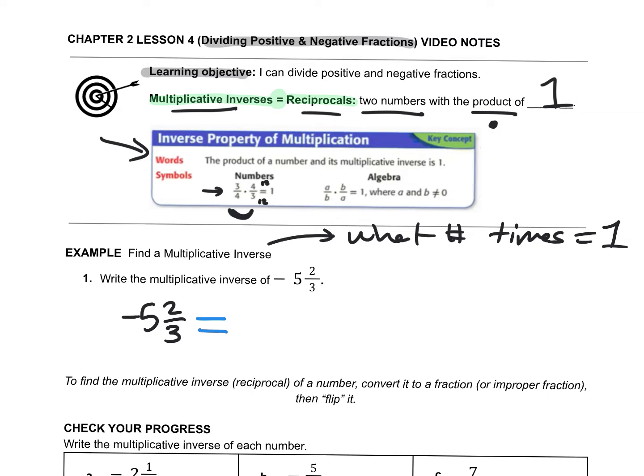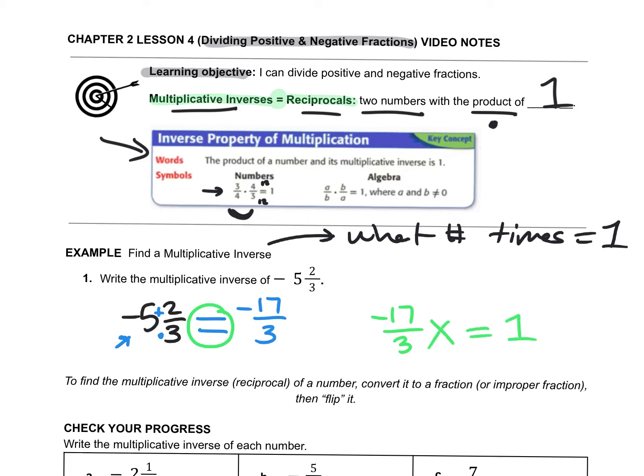So if you remember, you multiply and then add, because you're representing -5, 3 groups of 3. So we have -17 over 3. That is not its reciprocal. Those are equal. So then there's a second step. What number times -17/3 gives me a product of 1?